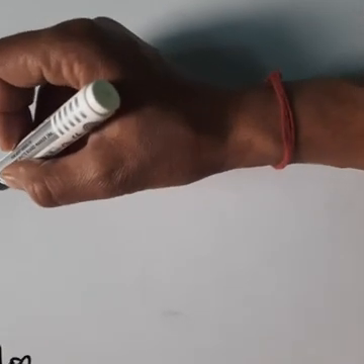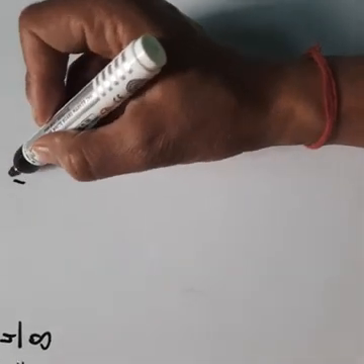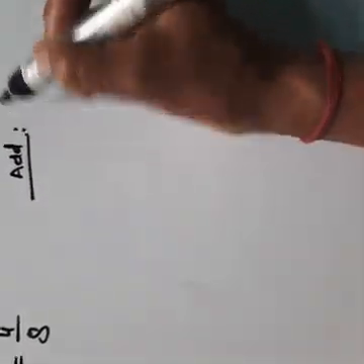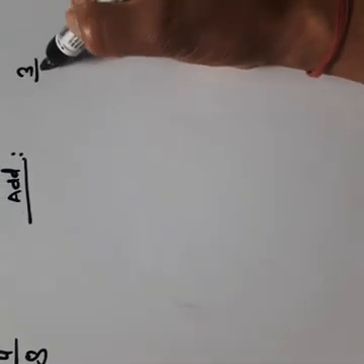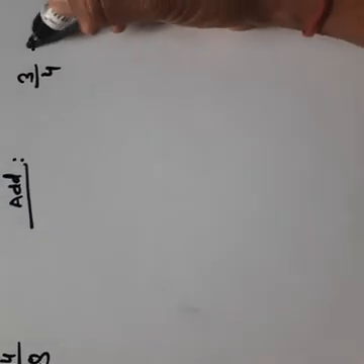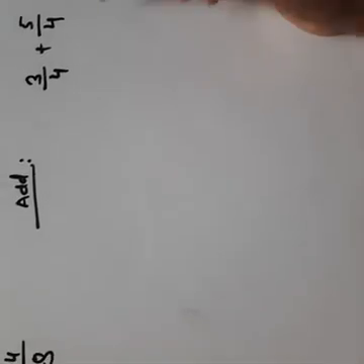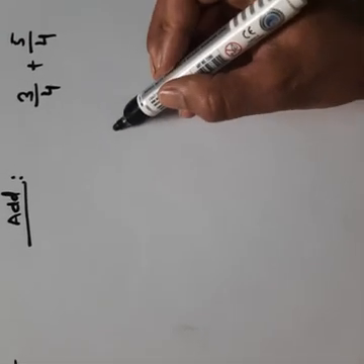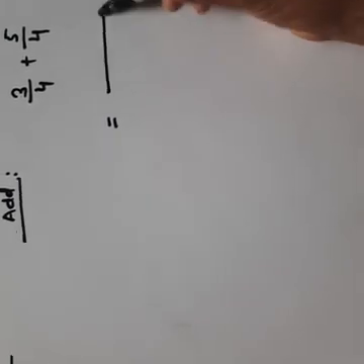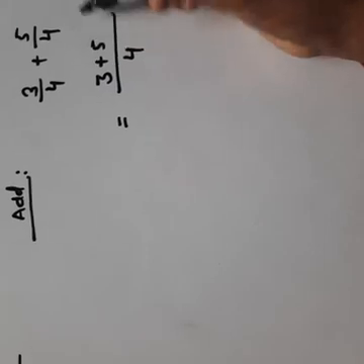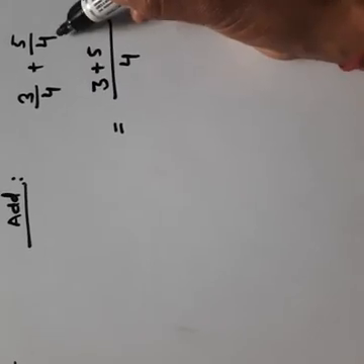So now we will understand how we add fractions. I am taking one question. Add 3 upon 4 and 5 upon 4. Whenever, students, the denominators are equal, we write the denominator only once and only add the numerators, because here the denominator is 4, and here also the denominator is 4.